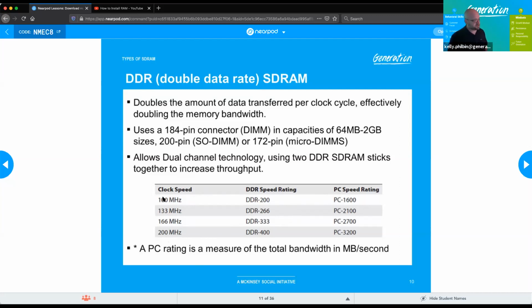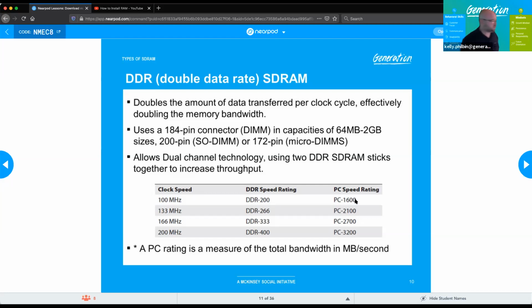I believe it is this number times 8. And then you multiply it by this, and you will get your PC speed rating. I will double check that math for you, but I'm fairly certain that's how it is calculated.